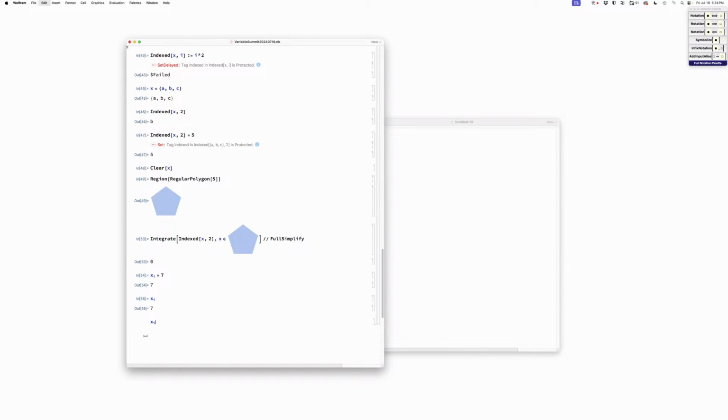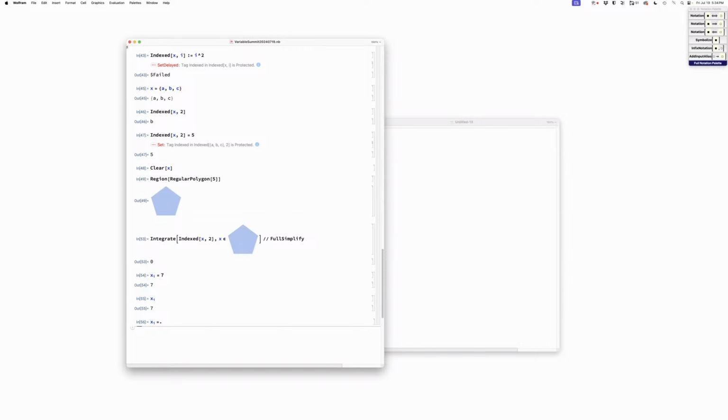But for example, if there were some kind of weird UpValue that associated that value with x, that would probably help things, maybe. That's what I was going to say. I don't know if UpValue is the right way to do it, but that's what I was going to say about the inconsistency with Part: you can assign to Part.